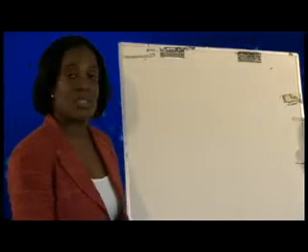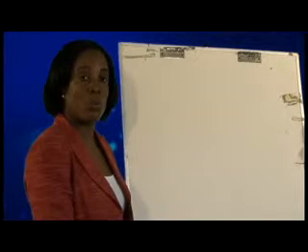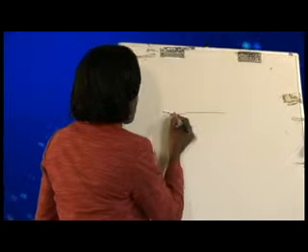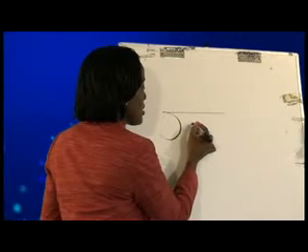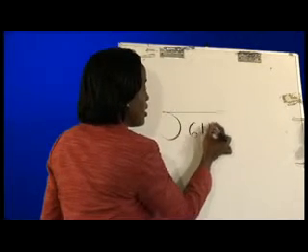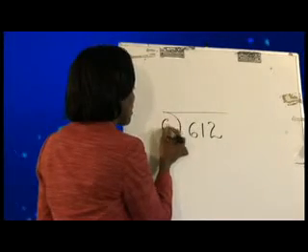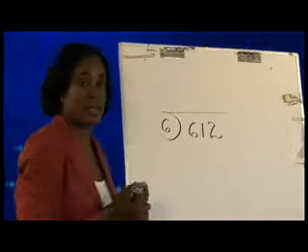Now let us illustrate with the working out. We have our 612 to be equally divided by 6.